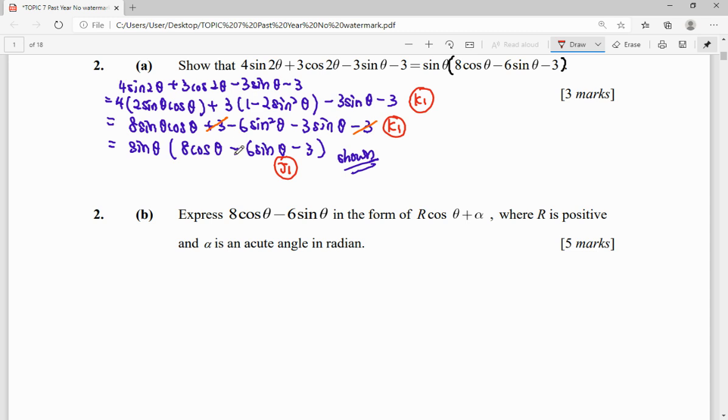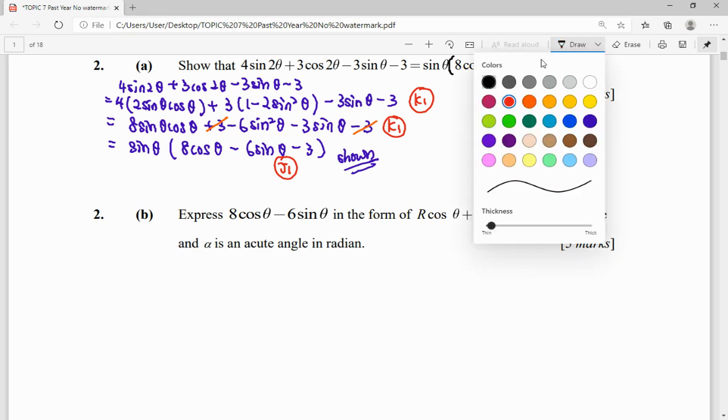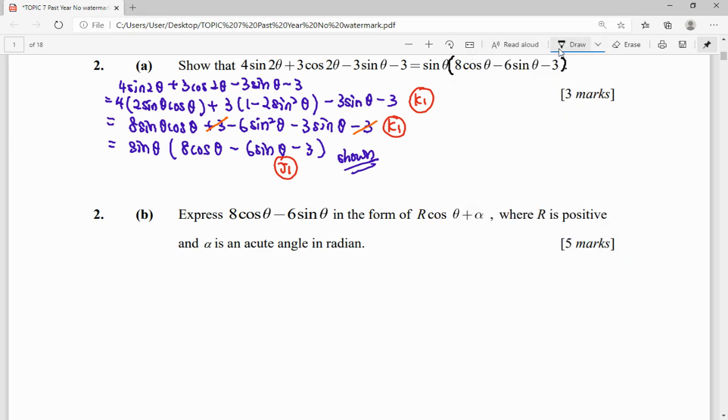Then, by using this result, we have to answer part B, where we're going to express this 8 cos theta minus 6 sine theta in terms of R cos of a compound angle. So R cos theta plus alpha. So we will take this part and we express it into the single term of trigo.